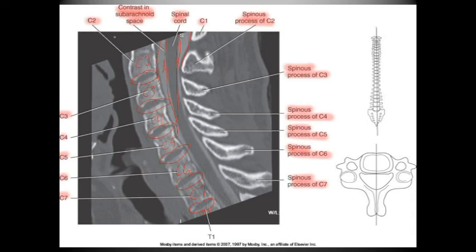Nothing certainly to encroach the spinal canal. Also, we have spinous processes from C2 through pretty much C7. Notice how C7 has a very elongated appearance, and that's why it makes it prominent, or as we call it, the vertebral prominence.